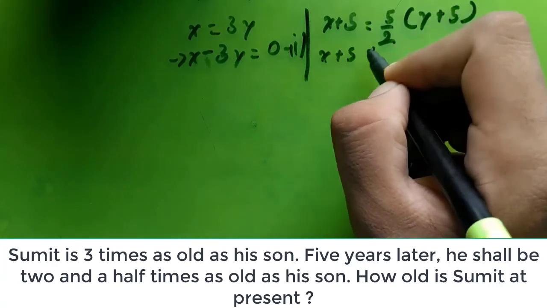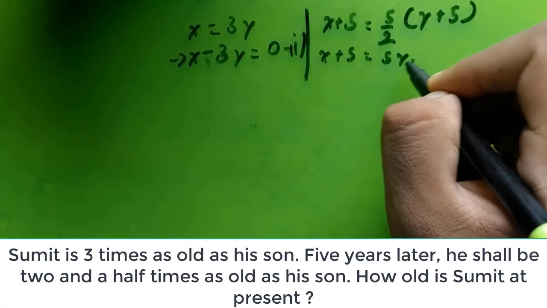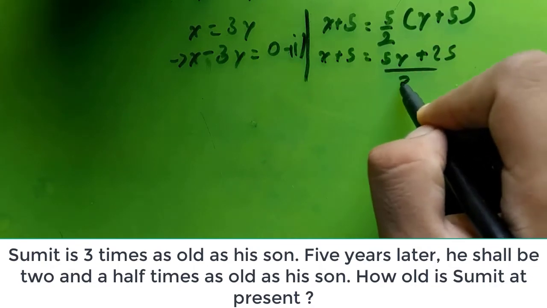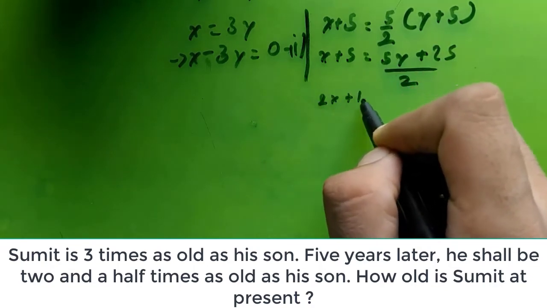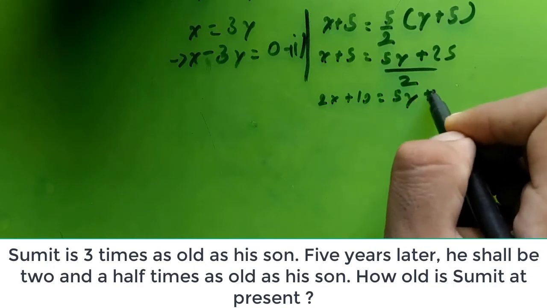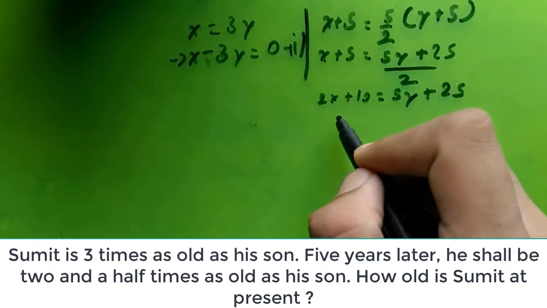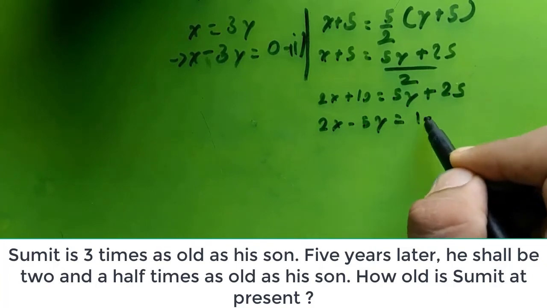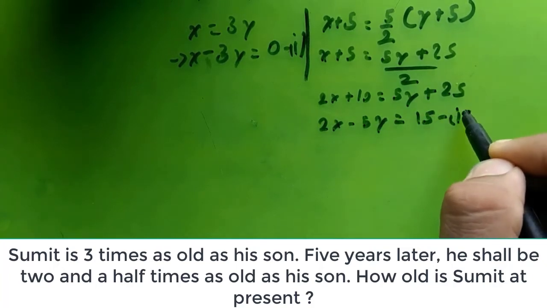For x plus 5 equal to 5y plus 25 upon 2, 2x plus 10 equal to 5y plus 25. Therefore, 2x minus 5y is equal to 15. We got the second equation.